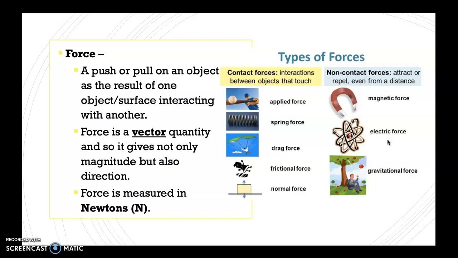Before we talk about his laws, which all deal with force, we need to know what force is. Force is the push or pull on an object as the result of one object or surface interacting with another. So when two objects interact, there are going to be forces being used on those objects that will create different types of motion or prevent motion.